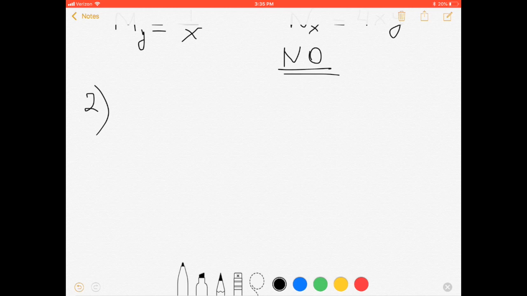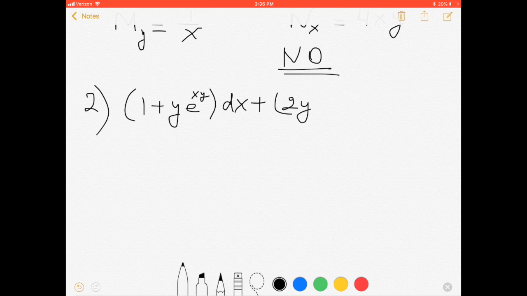Okay, let's go, this kind of equation: 1 plus y e to the power xy dx plus 2y plus x e to the power xy dy equals 0.